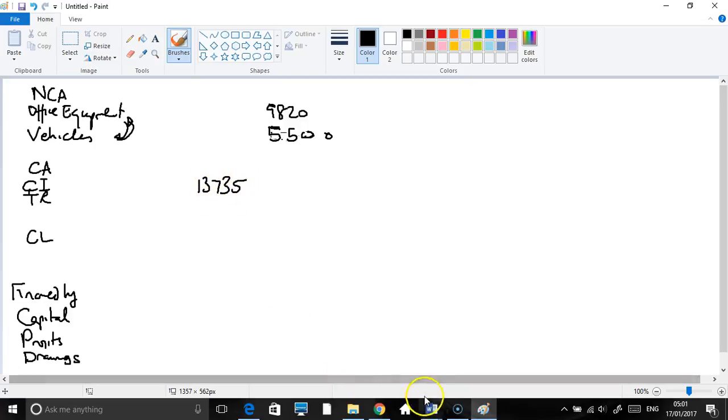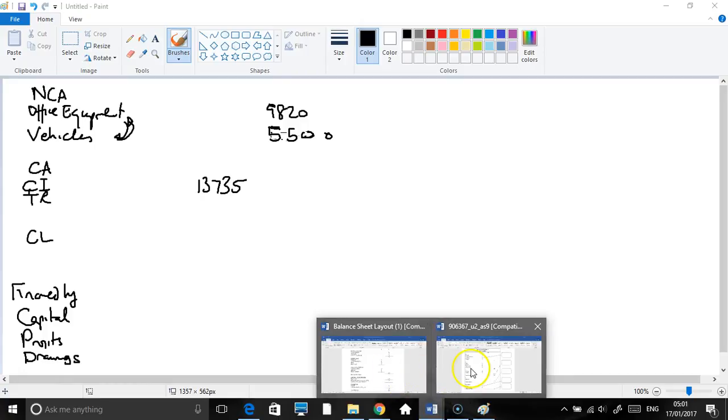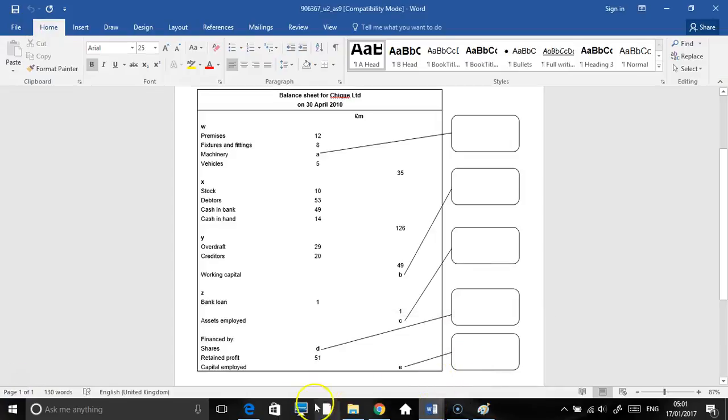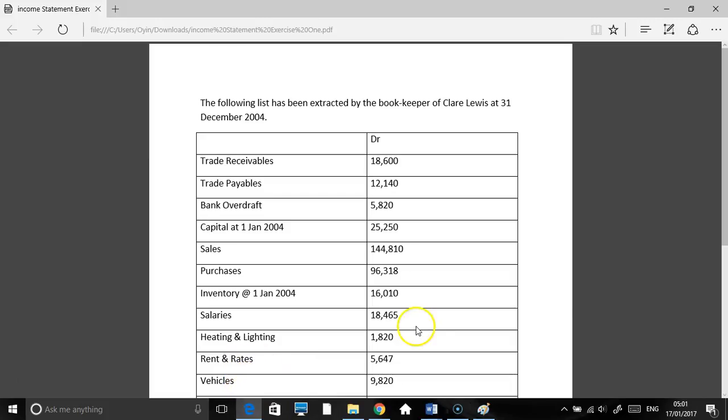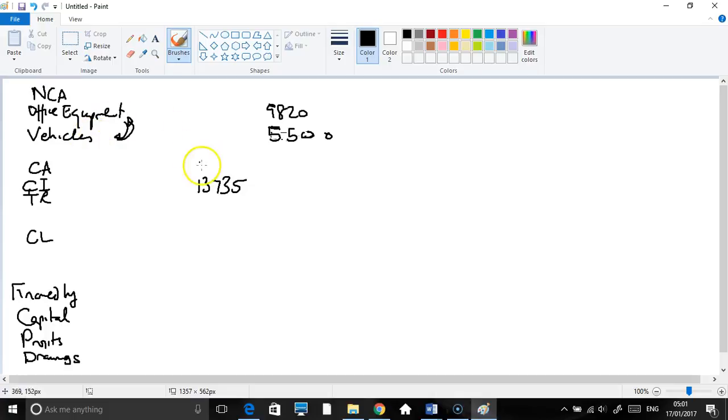And your trade receivables was 18,600. Okay, great. So these are all our assets.